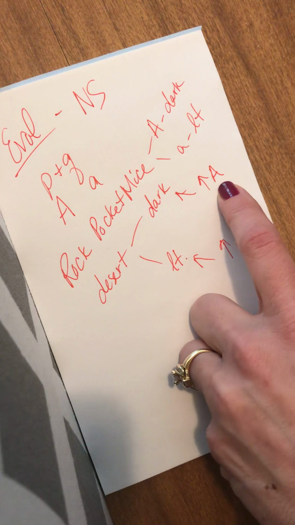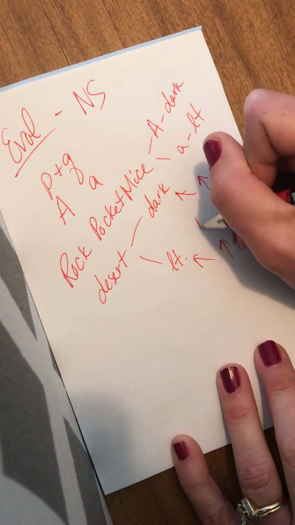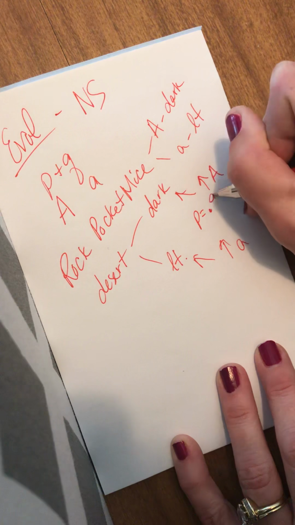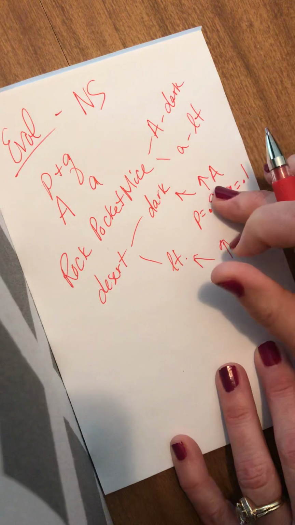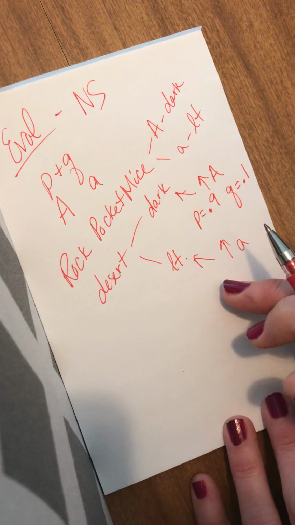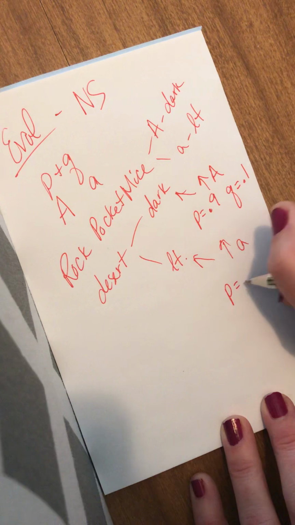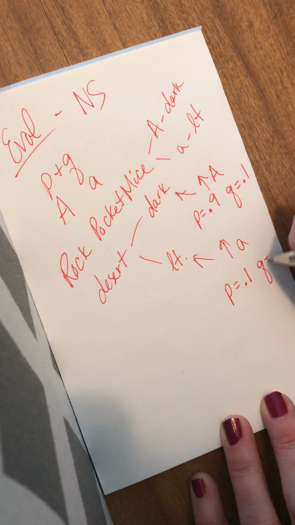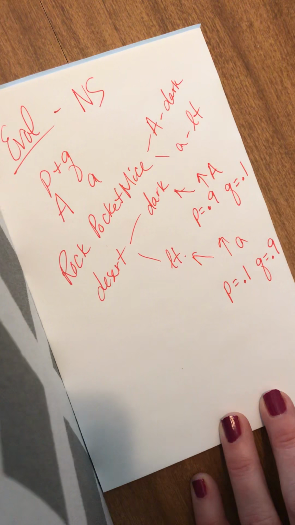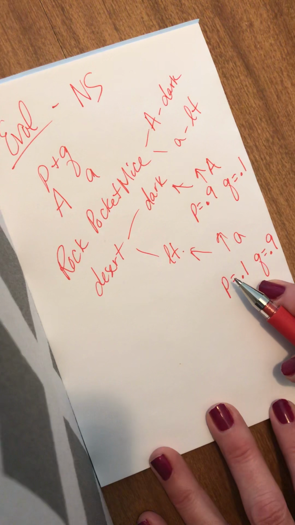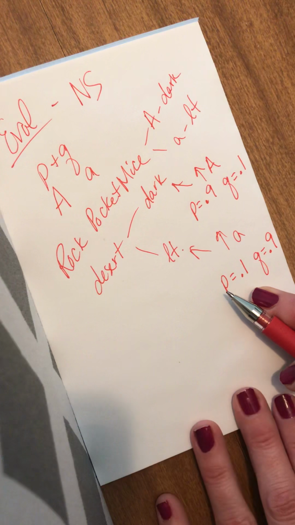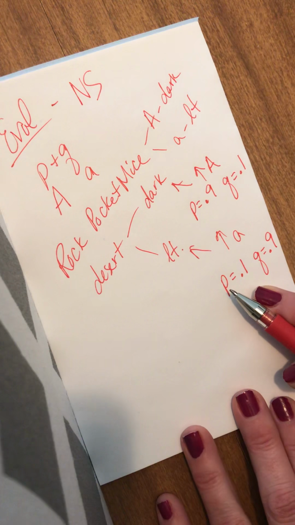This population has a much higher frequency of A. So I could say maybe P is 0.9 and Q is only 0.1 for this population in the dark sand, whereas in the light sand, P might be 0.1 and Q might be 0.9. These are the selection pressures, the environment it's in. So you survive where you blend in, where you're not caught, where you're not eaten.